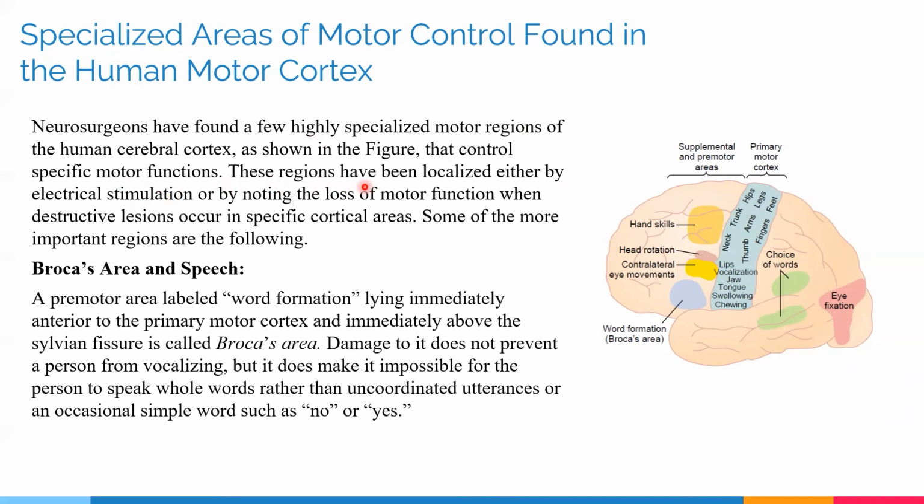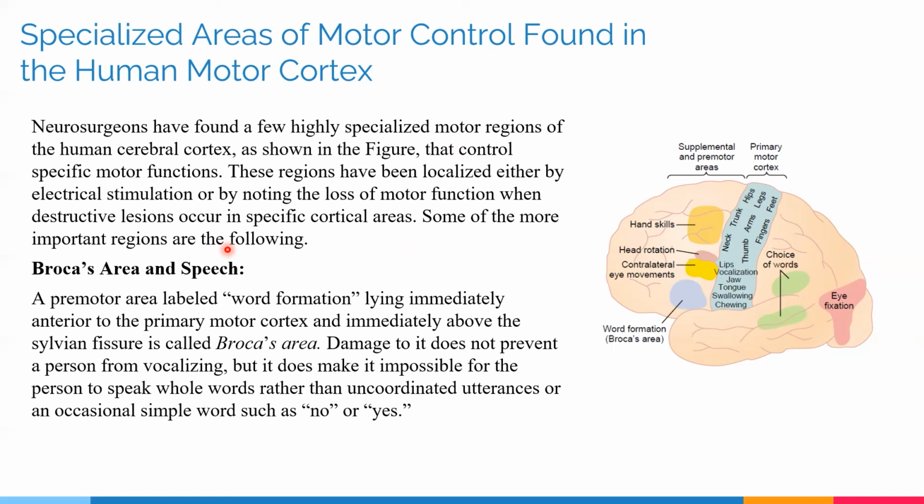These regions have been localized either by electrical stimulation or by noting the loss of motor function when destructive lesions occur in specific cortical areas. Some of the more important regions are discussed as follows.